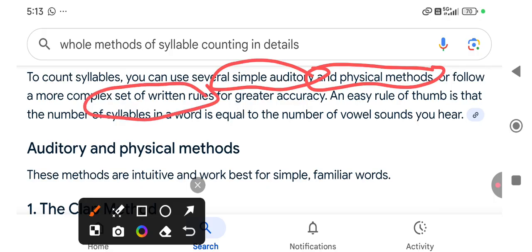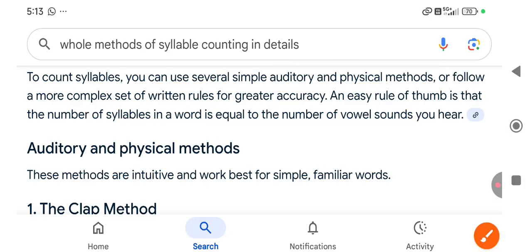First is the simple auditory method, which means when you listen and you can count the syllables. Then there are some physical methods, and writing rules for greater accuracy, right?